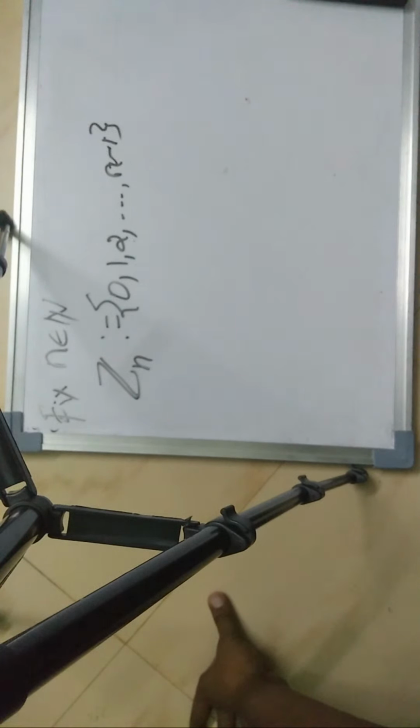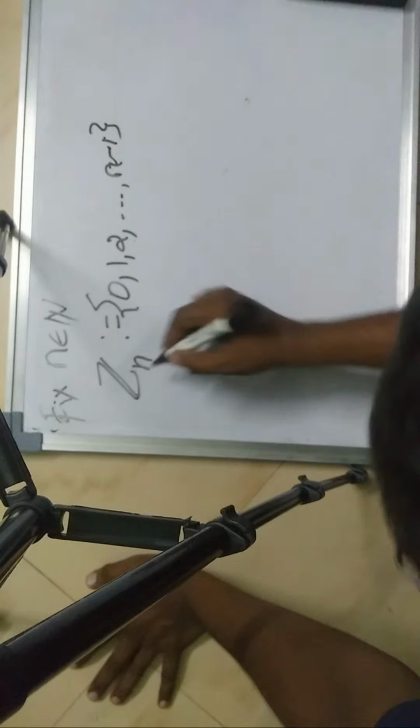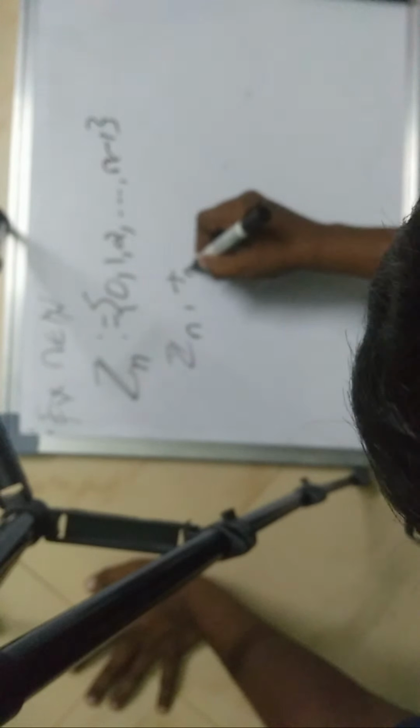Now here we define an operation on this set Zn. We are going to denote this by plus n.